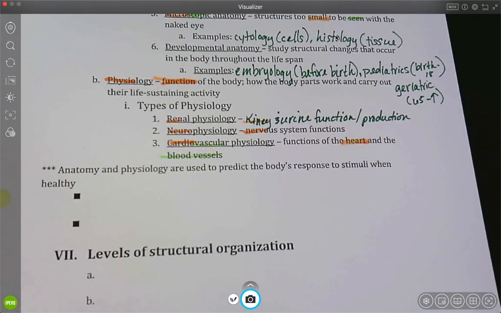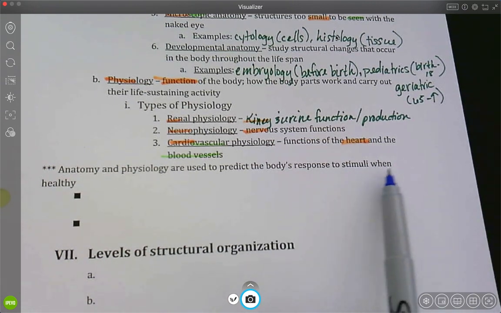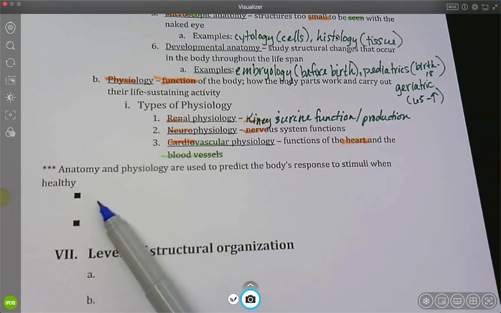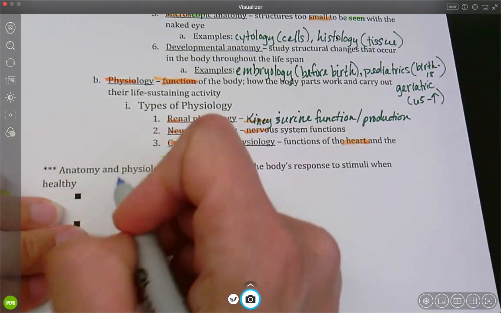Then our overall statement. I talked to you about this, and the example I gave was the heart. So anatomy and physiology are used to predict the body's response to stimuli when healthy. So along with that, we're going to say this.